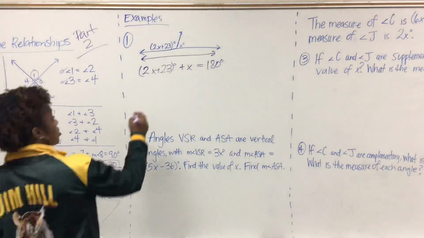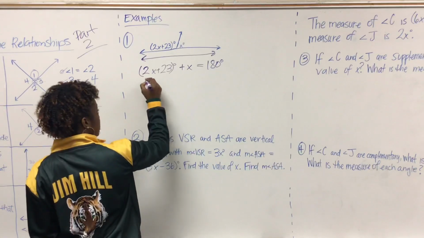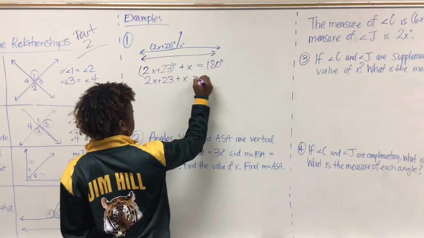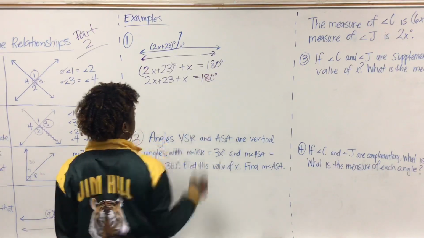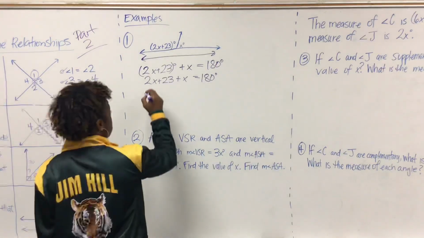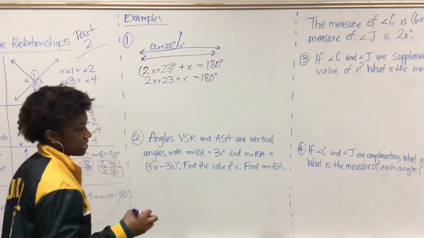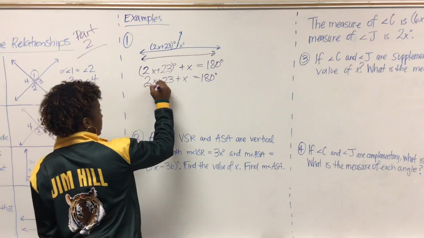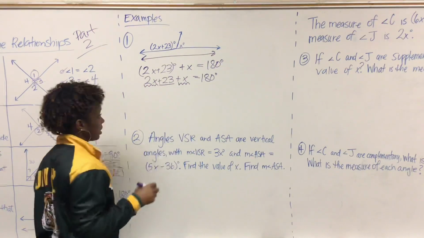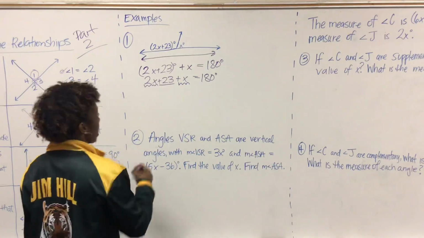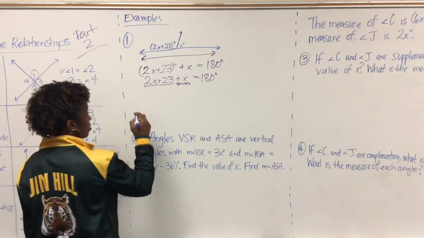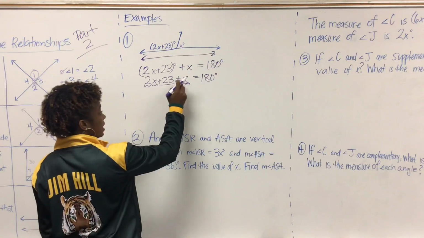Now I know I can drop the parentheses. 2x plus 23 plus x equals 180 degrees. I need to combine like terms. What are my like terms? The terms that have the same variable. So I have 2x and x, and then 23 is just a regular term by itself. Now, as you recall, when you move like terms and reorganize, you need to circle the term and the sign in front.